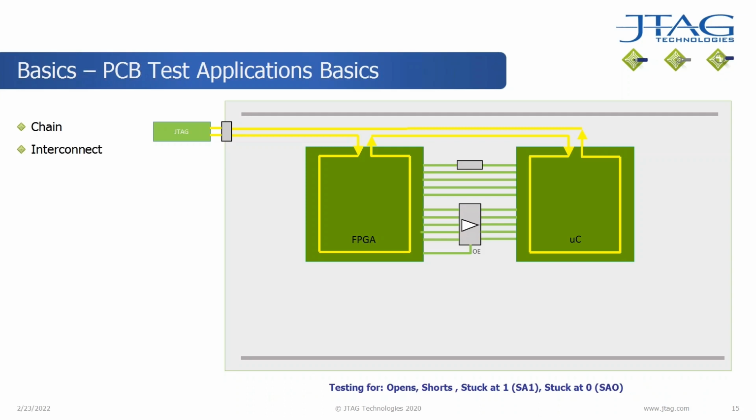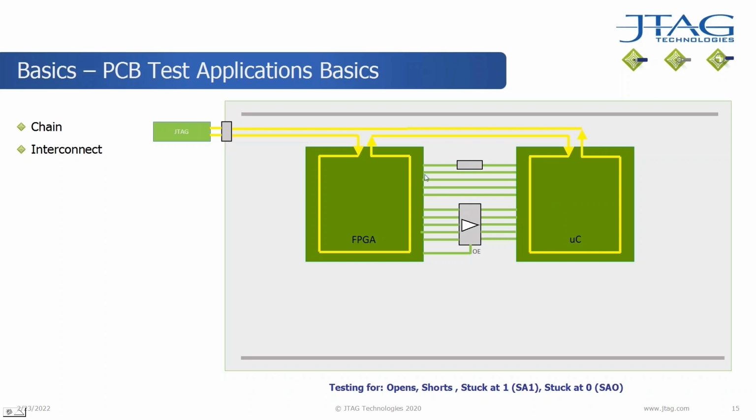So one of the tests that we want to do using this shift register would be what we call the interconnections test. In this example, we might be loading a bit pattern into the FPGA in order to control the output pins, latch that pattern onto the interconnects, and then capture that pattern on the inputs of the microcontroller.